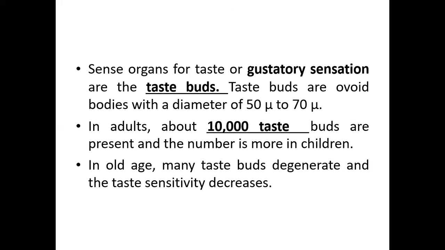Let's move forward. Taste buds are ovoid bodies with a diameter of about 5 micrometers to 70 micrometers, which means they're very small. In adults, about 10,000 taste buds are present, and the number is more in children. No wonder when you give a lemon to a child and to an adult, the child will respond more to the lemon. Even those who take a lot of alcohol, like spirits, find that their taste buds are a bit numb.